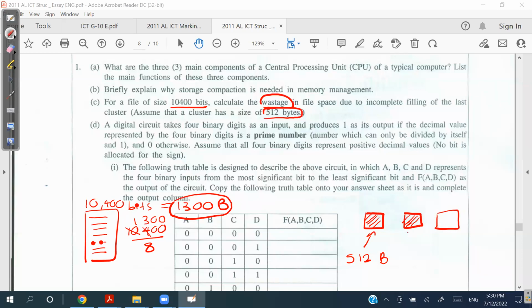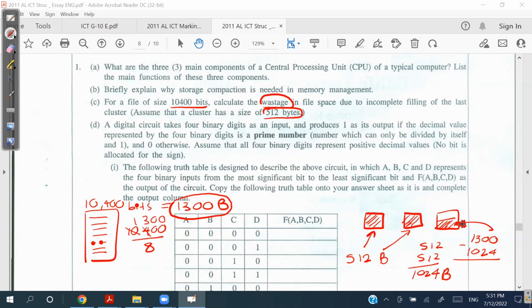So these two blocks are totally filled with 512s, and this one is partially filled, right? Because 512 plus 512 will give you 1,024. The file size is 1,300. So 1,300 minus 1,024 will give you the size of this particular portion.